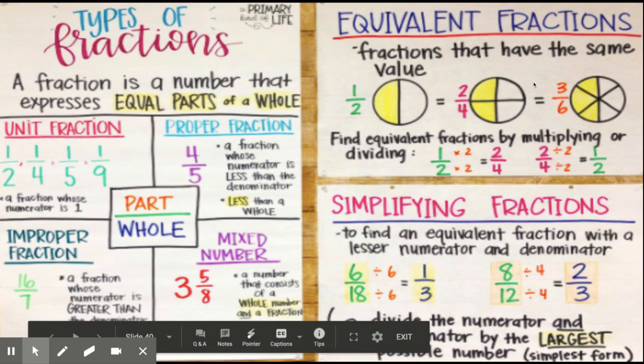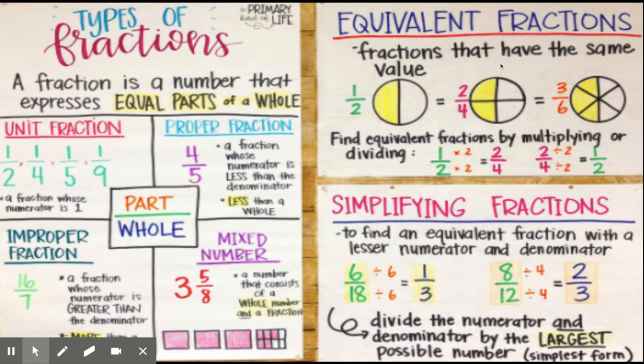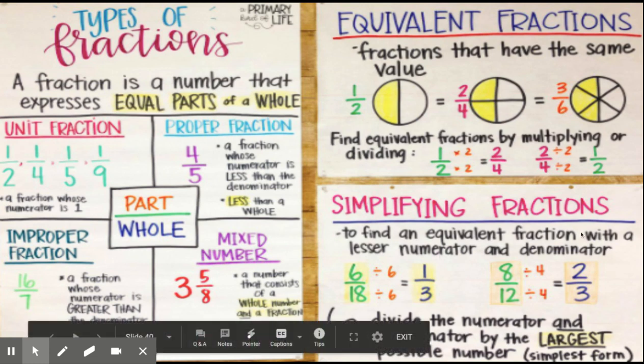But instead of multiplying, if you divide, you get a fraction that is smaller, that is equivalent but smaller. So 3/6, if you divide the top by 3, if you divide the bottom by 3, you would end up getting 1/2, so smaller. You divide to get it to go down to its smallest form.